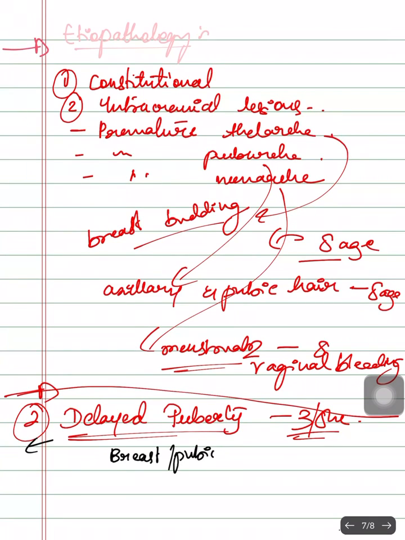So that is not normal. Precocious was before the age of 8, and delayed is after the age of 16. The normal upper age limit of menarche is 15. It is more common in boys than in girls, but 16 years is delayed.